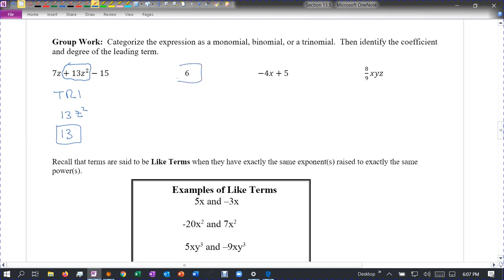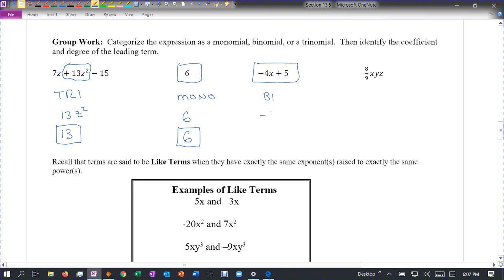Okay, for this right here, that's just a single term, so this is a monomial. And the leading term is just itself, 6, and the leading coefficient is, again, just the number 6, so not much to do there. Okay, this one has 2 terms, so it's a binomial.